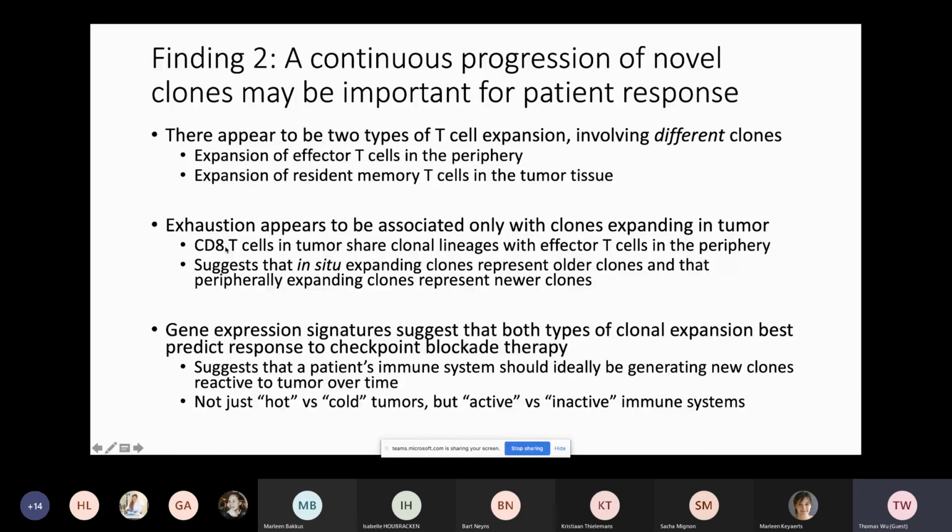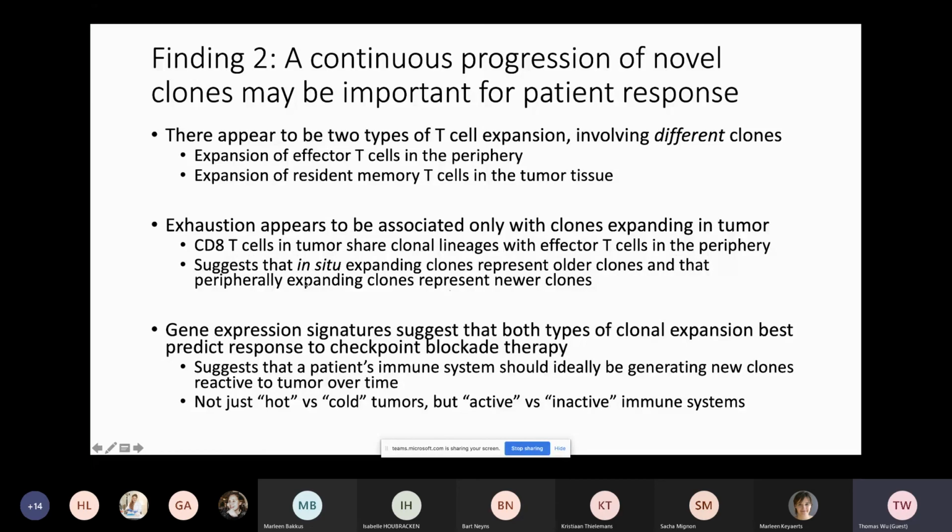We showed by the differentiation analysis that these CD8 T cells in the tumor seem to be coming from the expanded effector T cells in the periphery. That indicates the direction of the infiltration: the different T cells in the tumor are coming from the periphery.